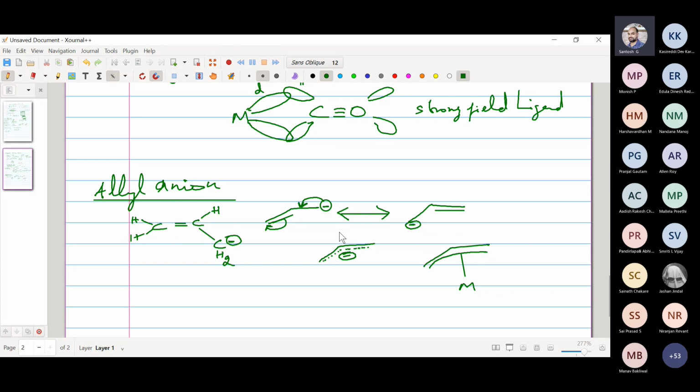Okay, so allyl ligand. Now, unfortunately, I'm sorry to complicate it a little bit. This allyl group can also be a very simple sigma donor as well. How? You see, this allyl anion, only when it combines with the double bond, it becomes a allyl anion like this donor. Okay, if it doesn't combine with the double bond, simply this anion in the terminal carbon just forms a bond with the metal, then it will become a simple sigma donor.